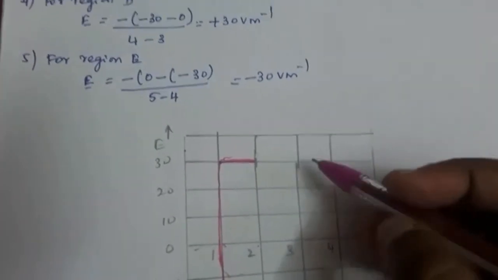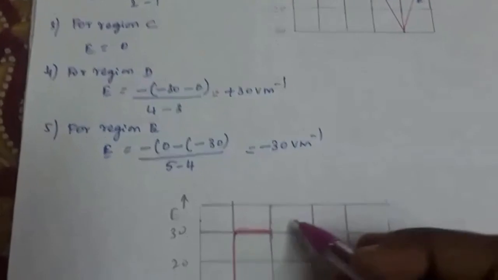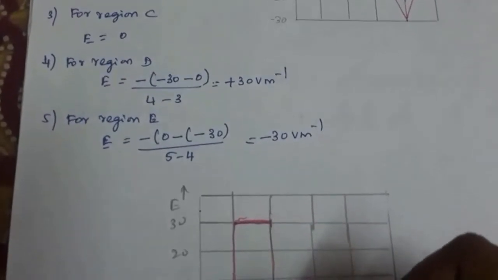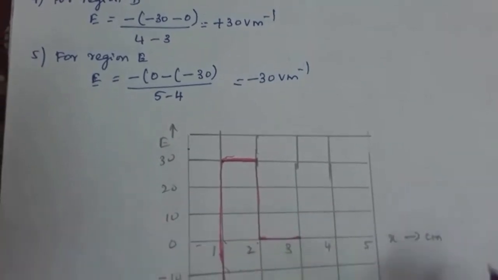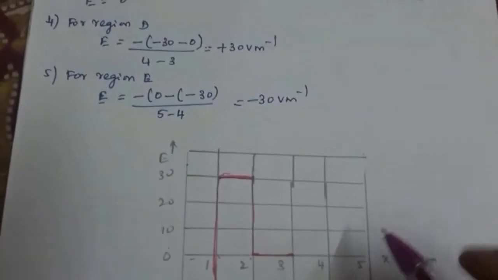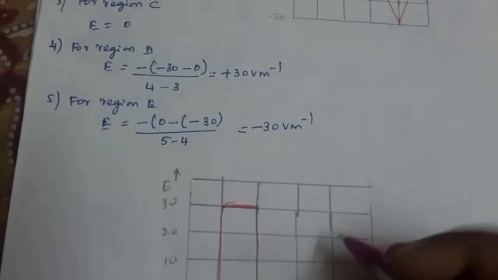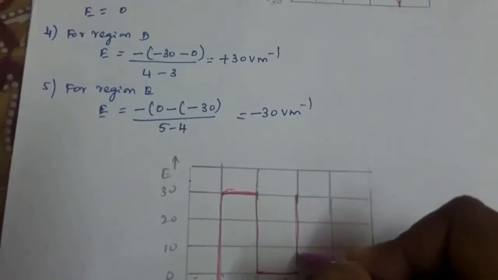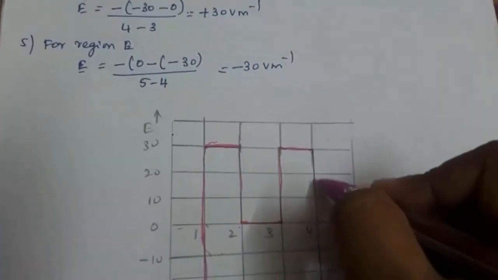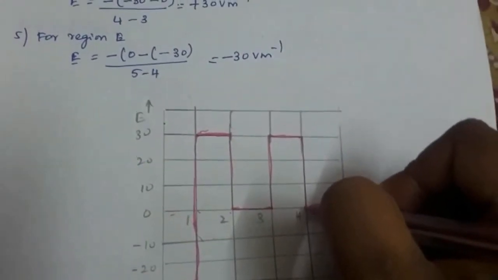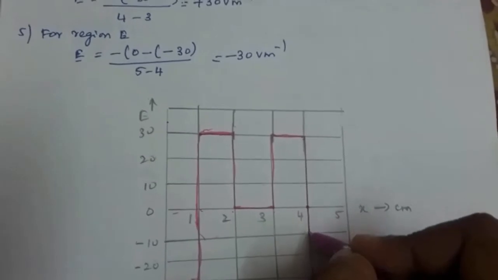Then from 2 to 3 it is 0, so I have to draw it here at 0. Then from 3 to 4 it is plus 30, so again it is positive. Then from 4 to 5 it is minus 30.